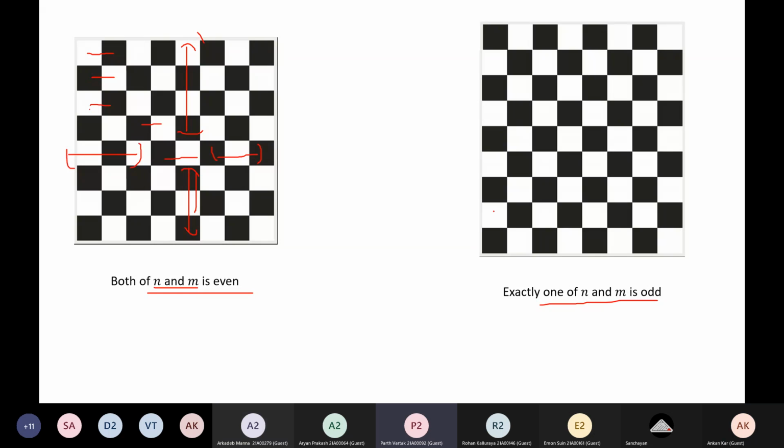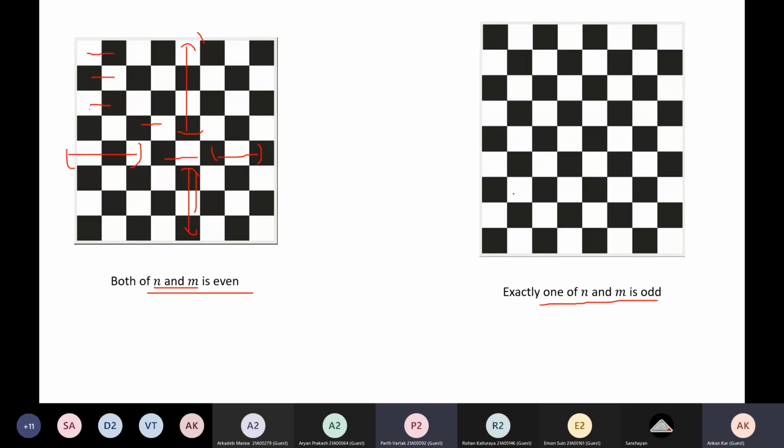So k is the number of horizontal dominoes. Yes, so if n is even and k is odd, then the number of rows remaining is odd. So we can't fill that with vertical dominoes, because vertical dominoes will occupy an even number of rows. Okay, okay.